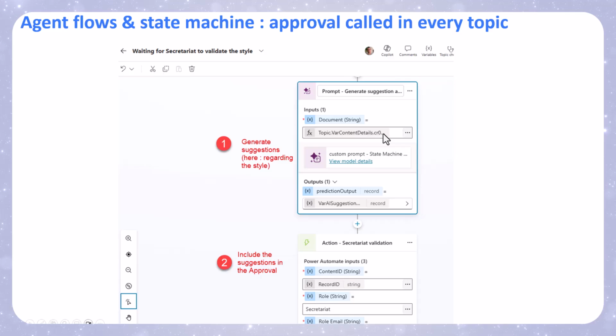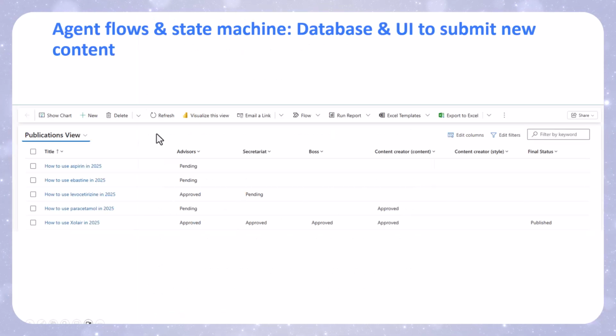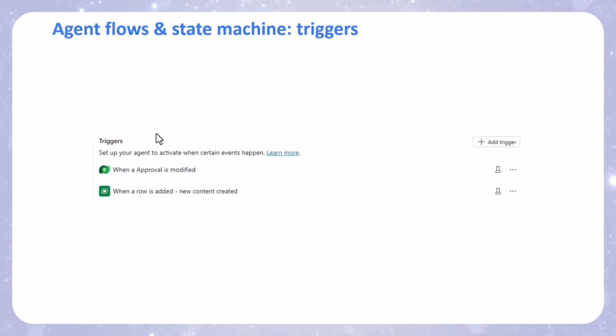So call a prompt from Copilot Studio about how to improve the process. That means that people receive an approval request, but they also get some AI suggestion about, for instance, the style of the content. Because before, you ask a prompt to give you more information about how to improve the approval. And everything works. You see, it works well.